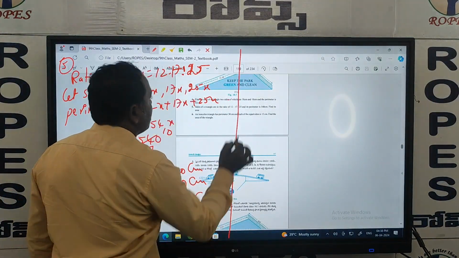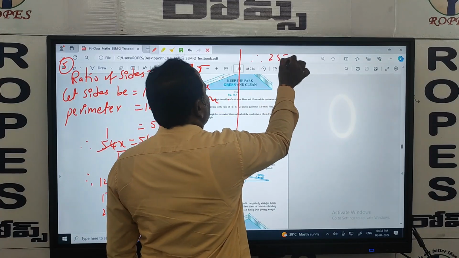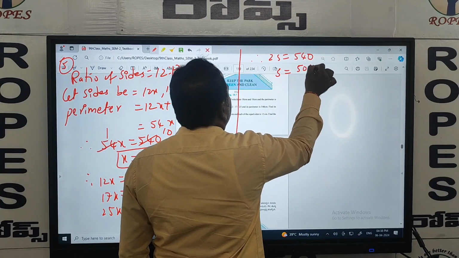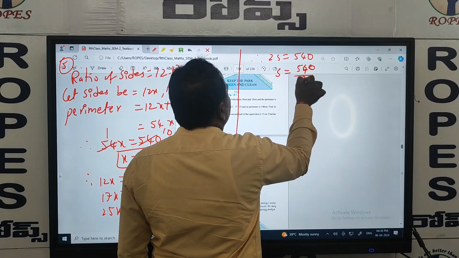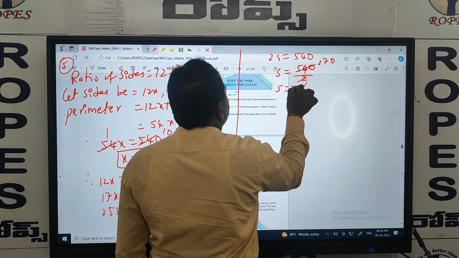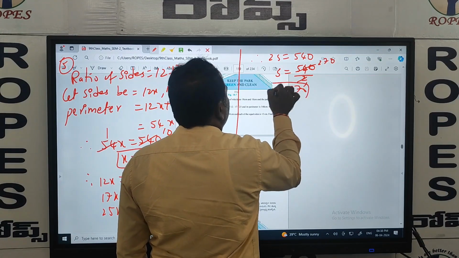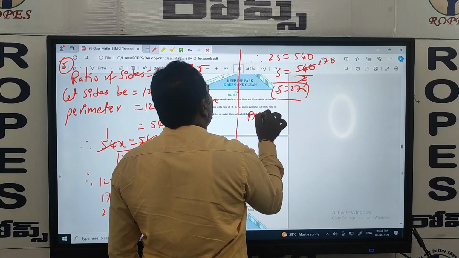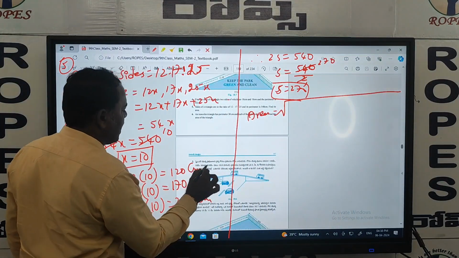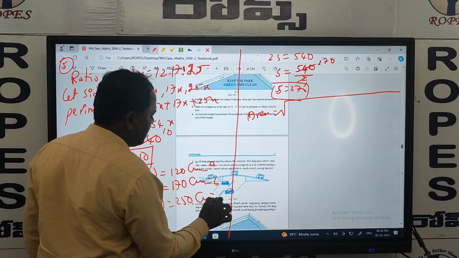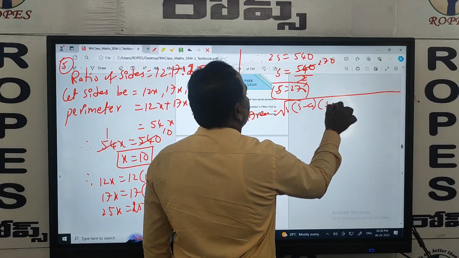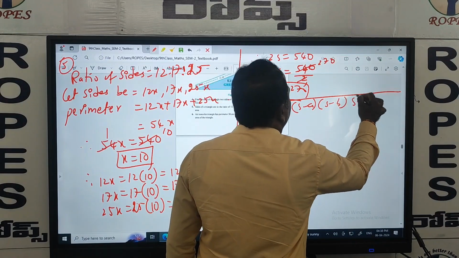Now, 2s is equal to 540, so s is equal to 540 by 2, that is 270. S is equal to 270. Therefore, area is equal to the root of s into s minus a into s minus b into s minus c.